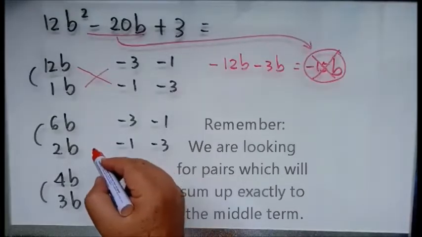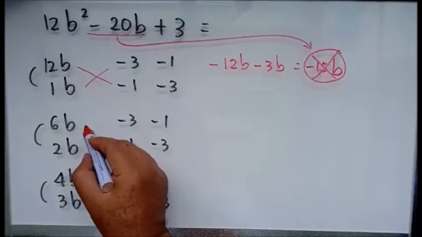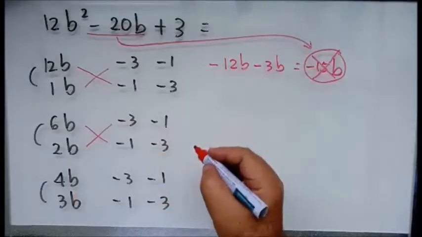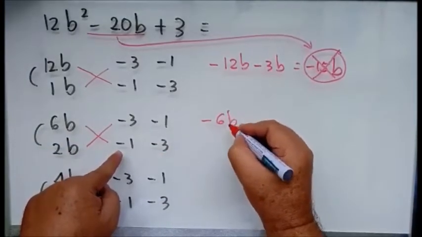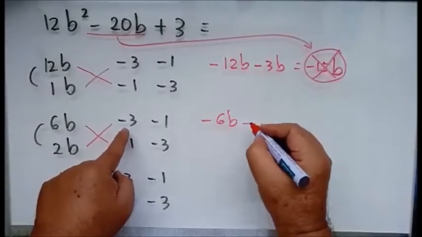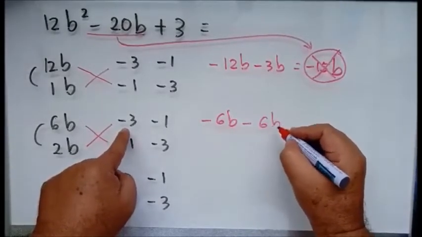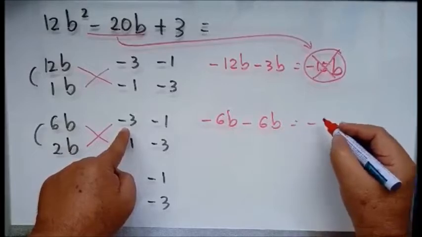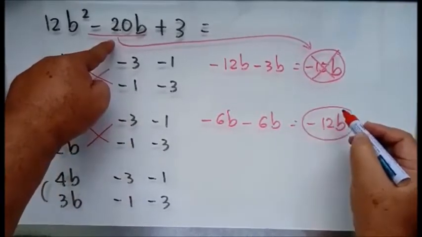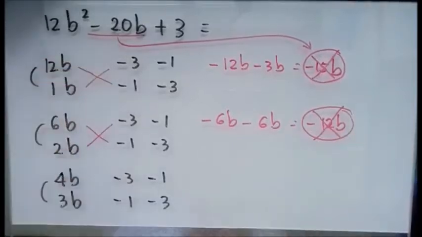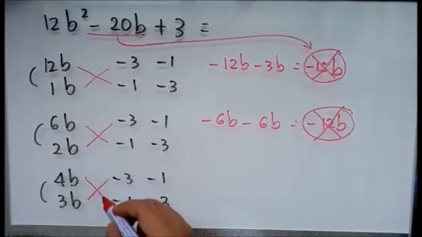Next, let's try this one. Cross multiply. 6b times negative 1, negative 6b. 2b times negative 3, negative 6b. So this will become negative 12b, which is not the same.